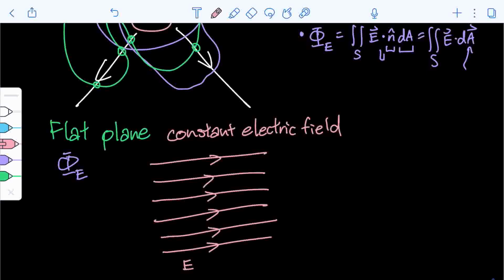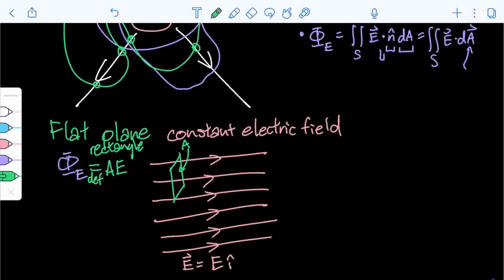So we have an electric field, and we're gonna just say it is some constant magnitude E times i hat. Then, if we have an area A, and this is a flat plane rectangle with area A, then we define this to have an electric flux of A times E.